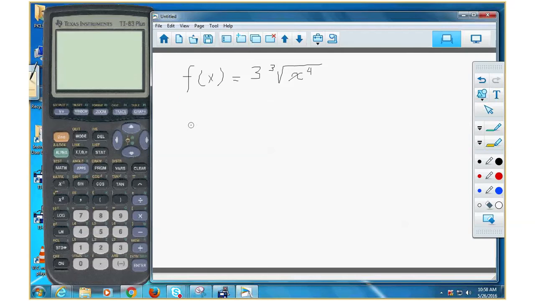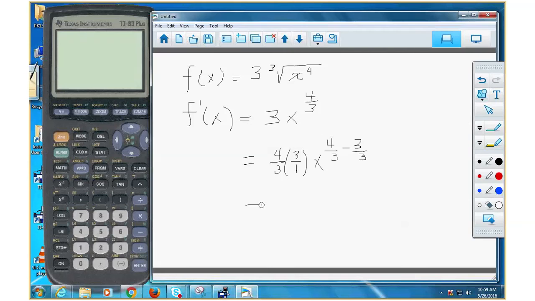All right, first thing you're gonna do is clean it up. It's yucky. Exponent over index. So that's going to be equal to 4/3 times 3 over 1 x to the 4/3 minus what? 3/3.